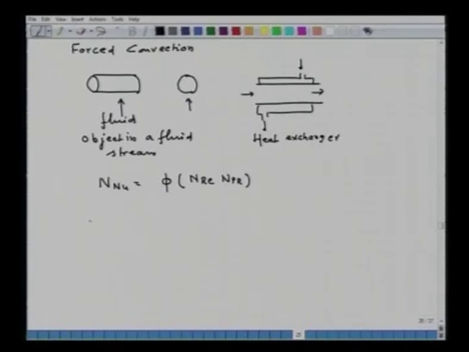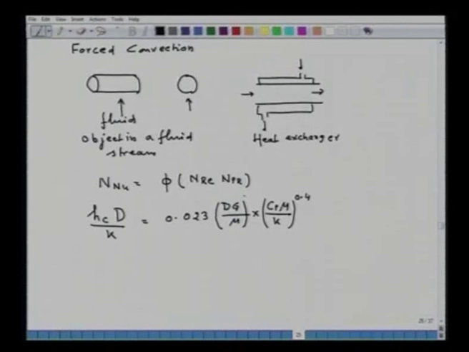So, the correlation which we will be using is Hc D upon K equal to 0.023 times D G upon mu, which is the Reynolds number, into Cp mu upon K, where the Prandtl term is raised to the power 0.4 and the Reynolds term is raised to the power 0.8. So, that is the correlation we will be using.